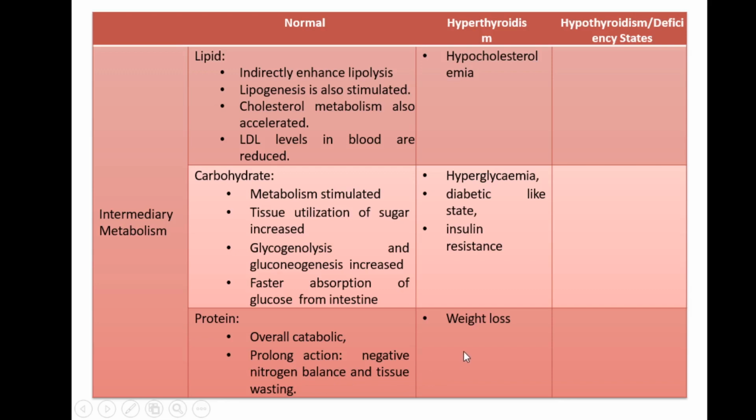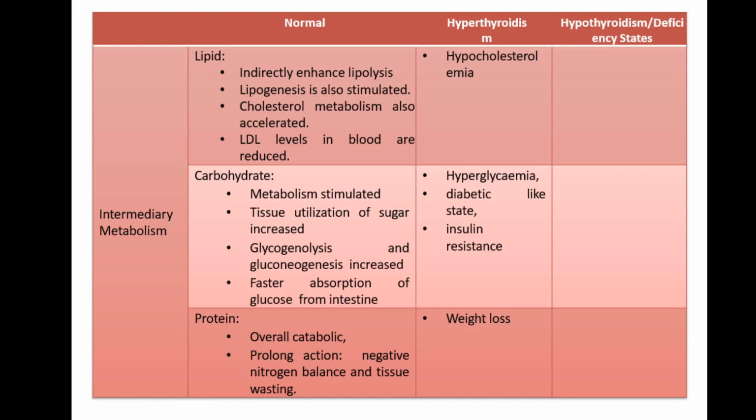So in the next column, if you are able to see, what will occur if there is hypothyroidism. In the case of lipid metabolism, we can see hypercholesterolemia, because we have already seen that cholesterol metabolism is accelerated in the presence of T3 and T4.